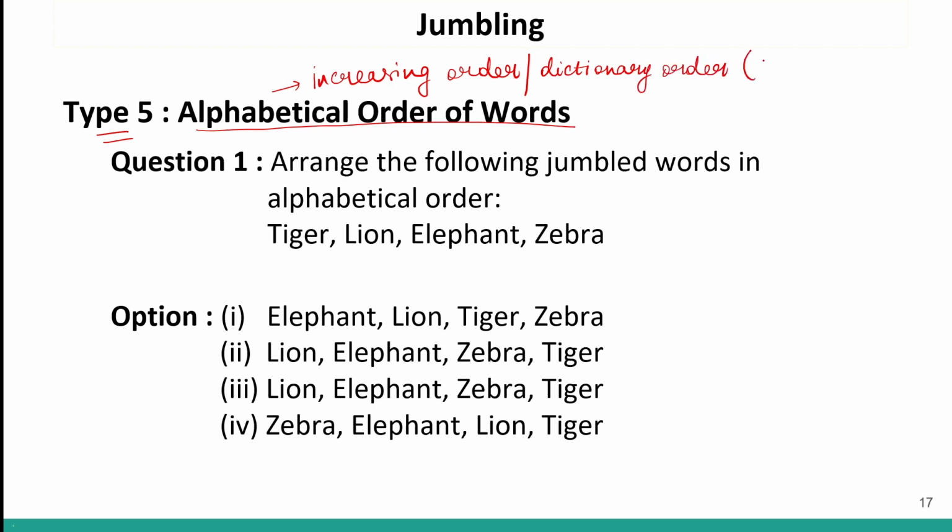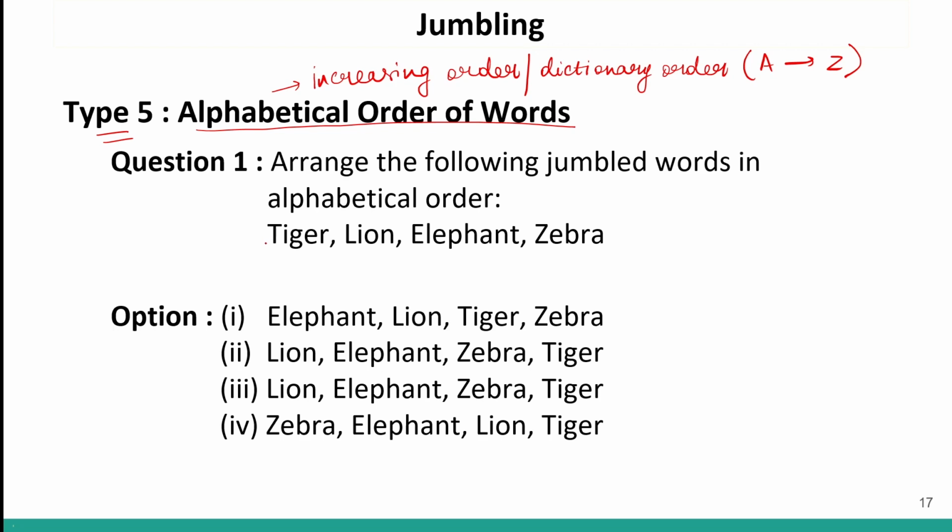Dictionary order means we are going from A to Z. This is what dictionary order is. So whenever you get questions on alphabetical order of words, it is increasing order or dictionary order. That means we are going A to Z. In these type of questions, I suggest you use the concept of forward ranks because it makes it a little easier or faster to solve these type of problems.